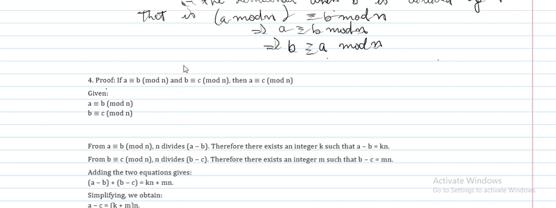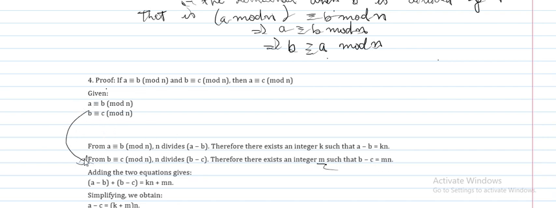We have all this from above when we proved property 1. So therefore, there exists an integer k such that a minus b is equal to kn. Now again from b is congruent to c mod n, we can see n divides b minus c. So therefore, there exists an integer m such that b minus c is equal to mn.